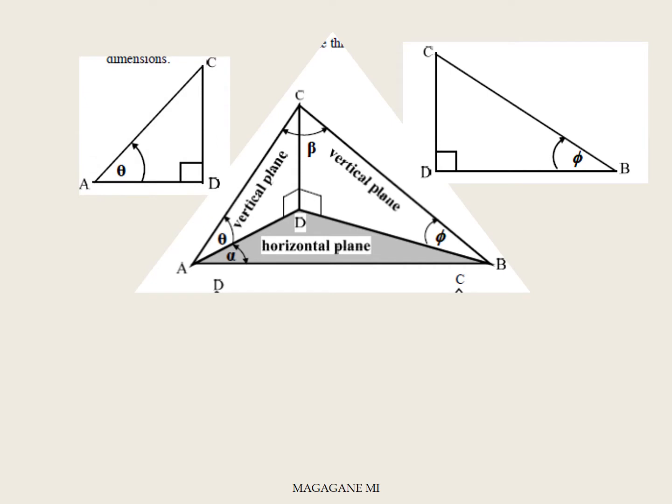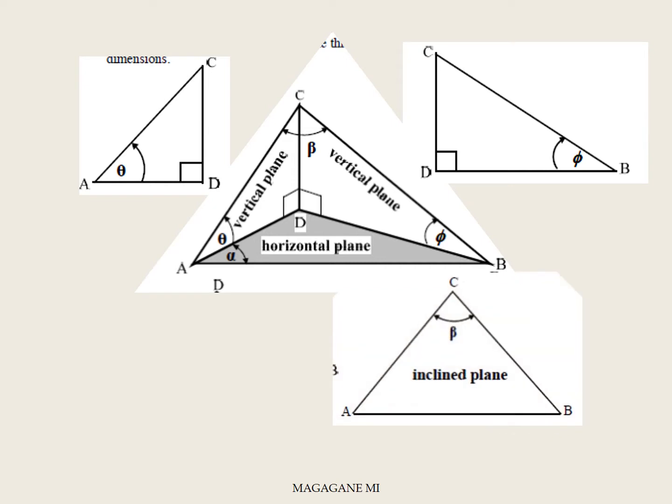The 2 triangles which form part of the vertical planes are right-angled triangles, and the inclined plane triangle is not a right-angled triangle, and triangle ADB is also not a right-angled triangle unless you are told.